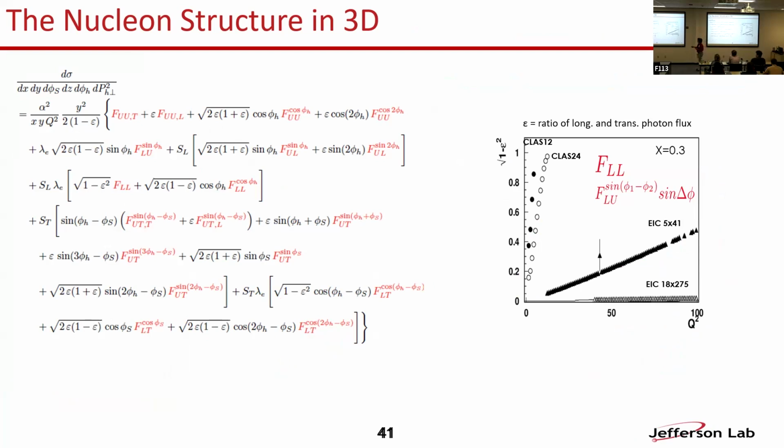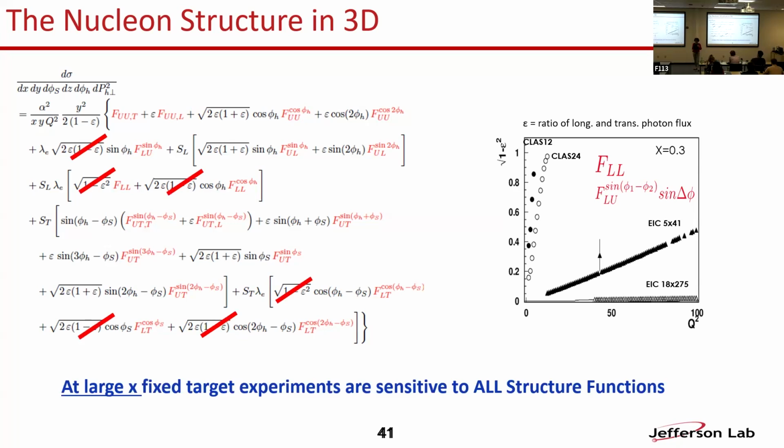The EIC, for instance, cannot do this, because in front of the structure functions there is always an epsilon factor. If you have 1 minus epsilon squared and epsilon goes to 1, this value is 0. So all these structure functions cannot be measured. So that is the other plus.